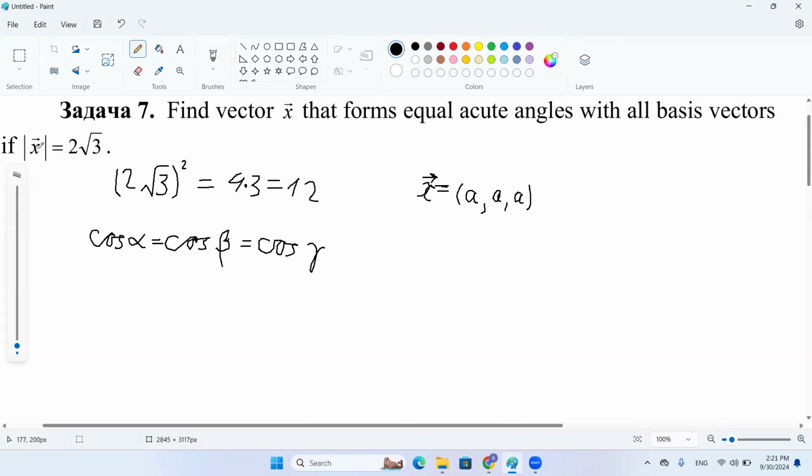So yeah, just to find the vector. 12 is, by the way, the sum of squares of the coordinates. But what is the final answer? And which coordinates of x are?